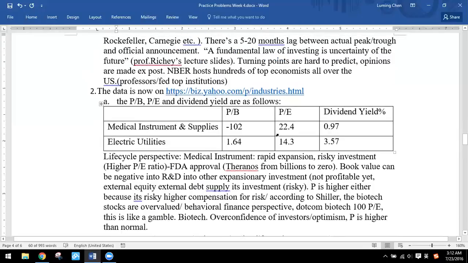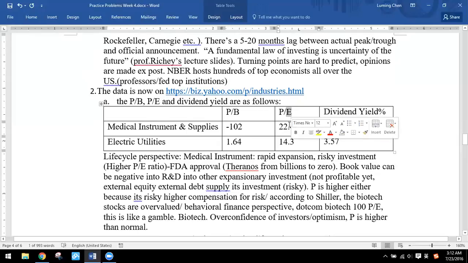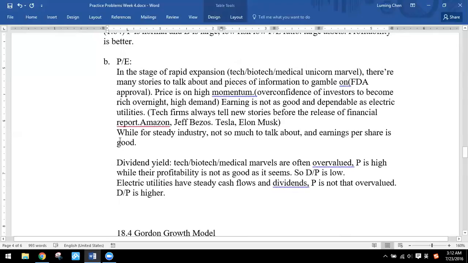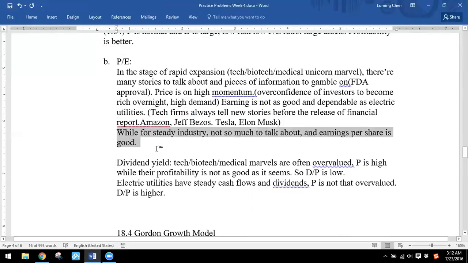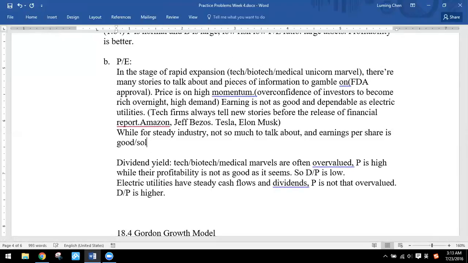So the PE ratio is higher because P is high or P is overvalued, while earning is not as dependable as the electric utilities. While for the steady industry like electric utilities, there is not so much to talk about, and earnings per share is very good, or we call it solid.